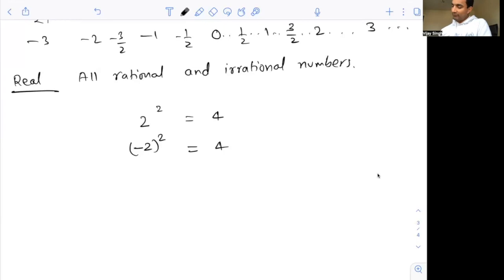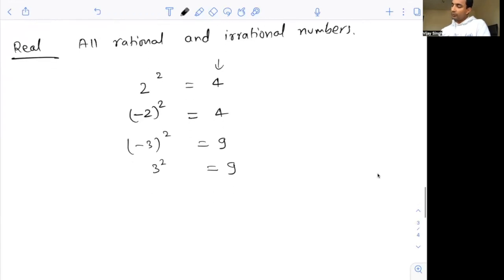The way we looked at it earlier, minus 3 squared is 9, and 3 squared is also 9. So earlier we took the square root of the numbers on this side.